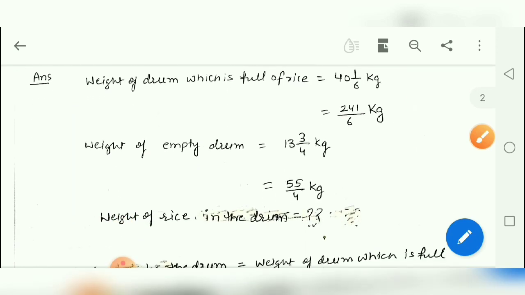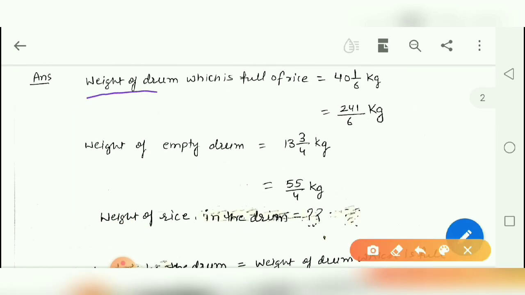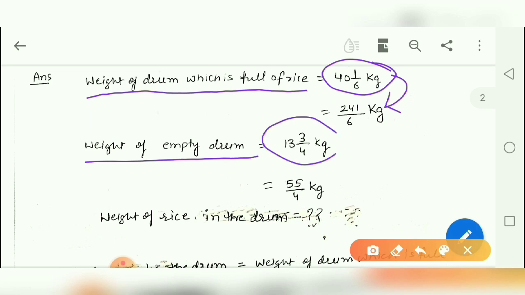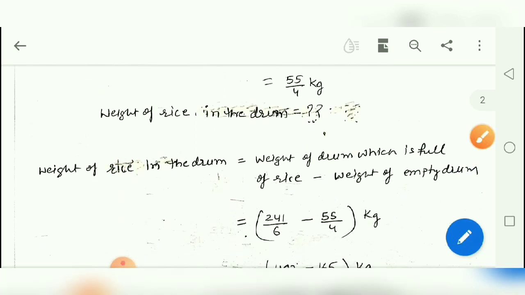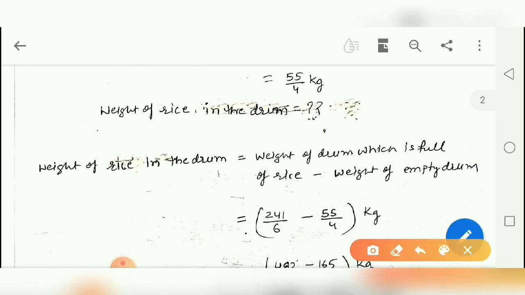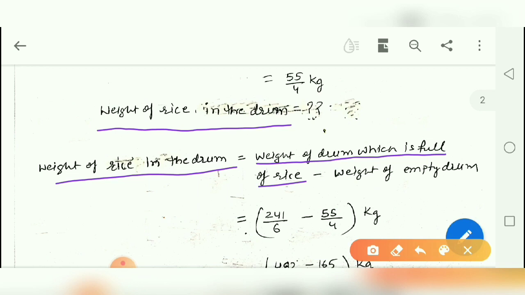Here, the weight of the drum which is full of rice is this much. I have converted this into an improper fraction, and the weight of the empty drum is this much. I have converted this into an improper fraction, and now I have to find out the weight of the rice in the drum. So weight of the rice in the drum is equal to weight of the drum full of rice minus weight of the empty drum.